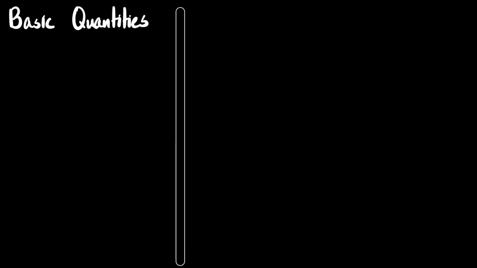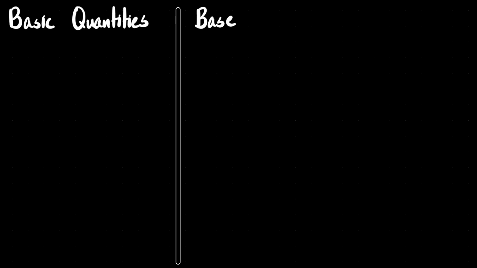First, let's just talk about this. So these are the basic quantities, and their units are also going to be called the basic or the base units of these quantities. In the SI unit system, there are just a total of 7 basic quantities.